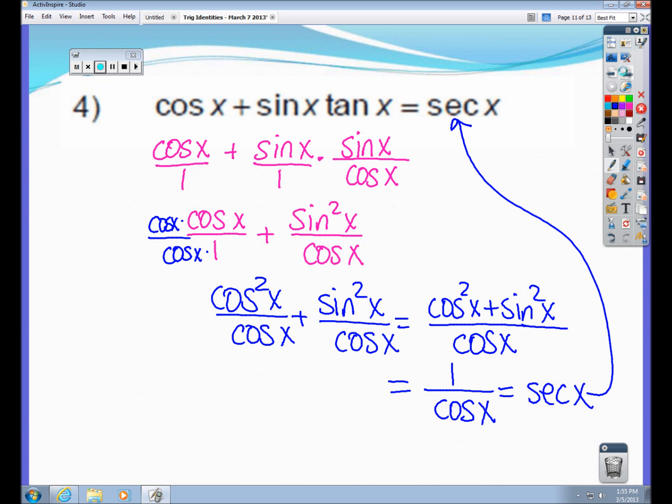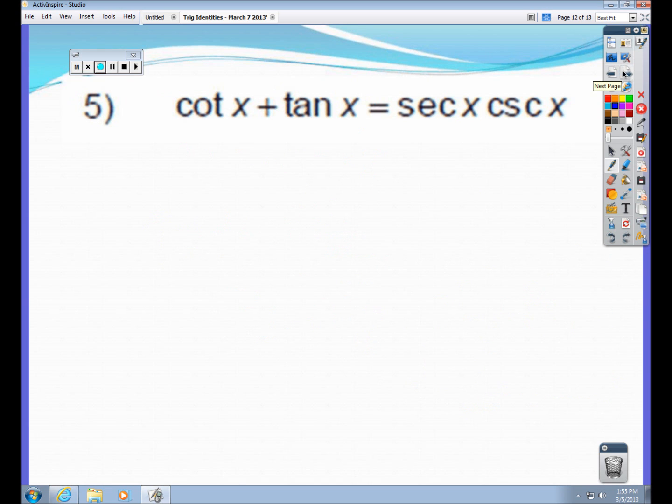Okay. One final example to look at. And again, it would not matter on this if you start on the left side or the right side, but with that plus sign, it's probably going to give me more options to start on the left side. And I'm going to change these into the quotient identities so that we have fractions to work with. So cotangent is the same thing as cosine over sine.